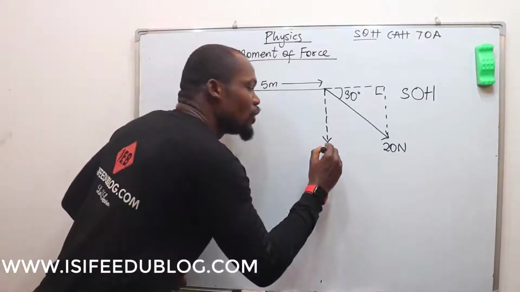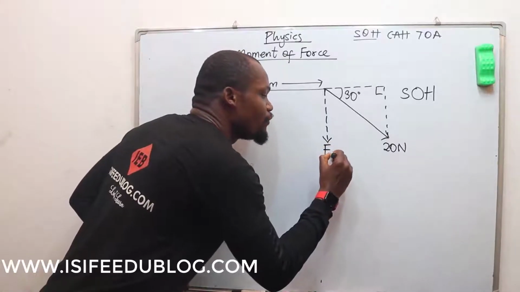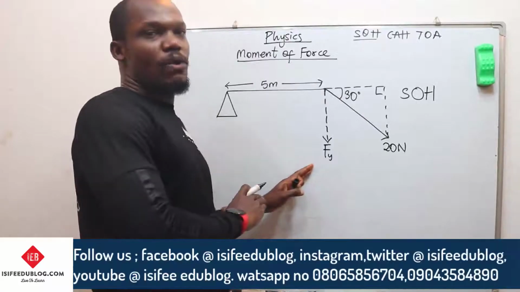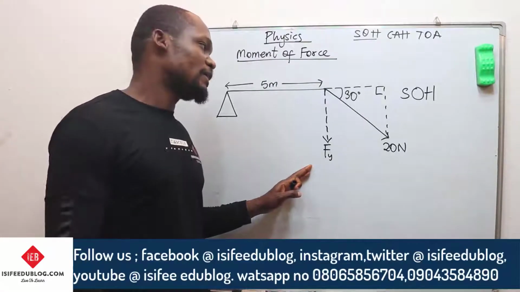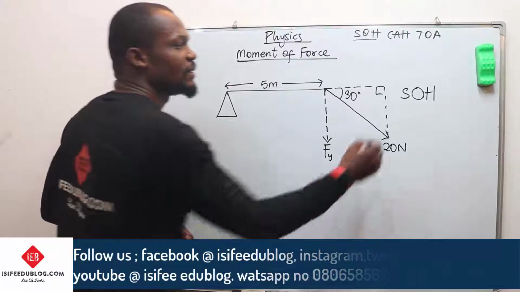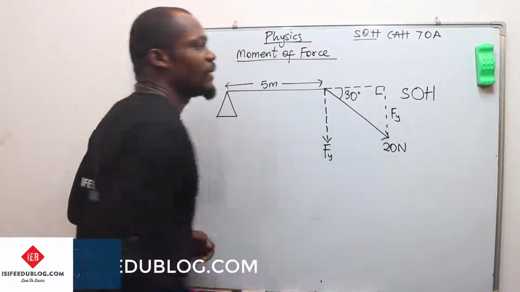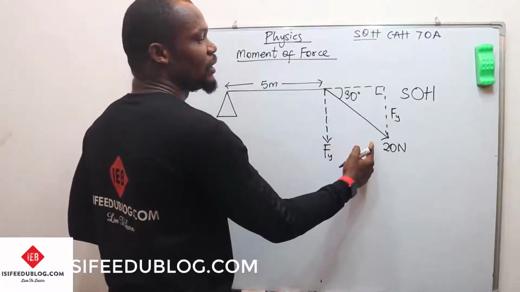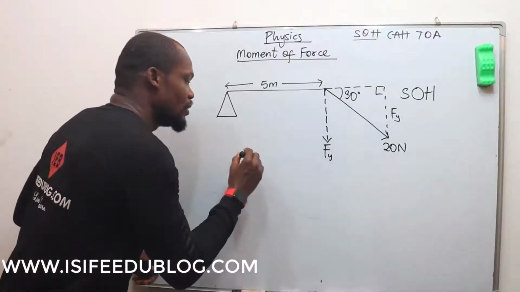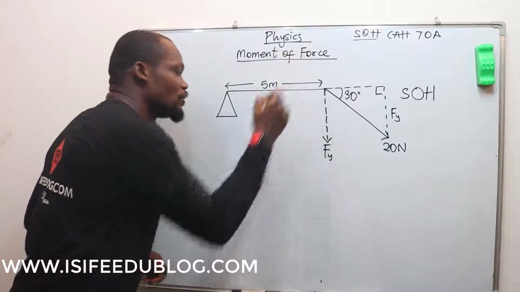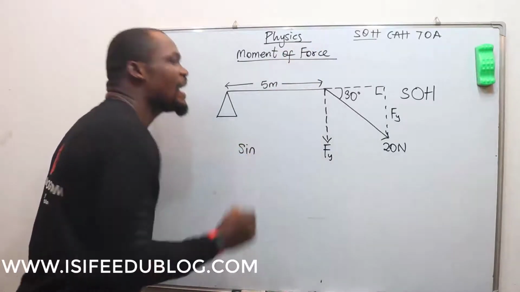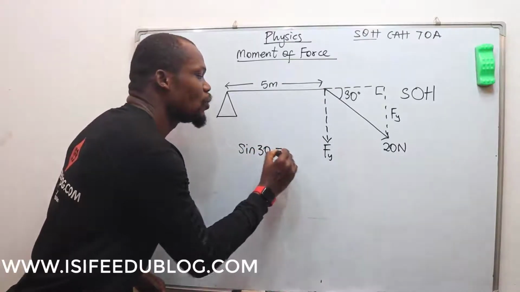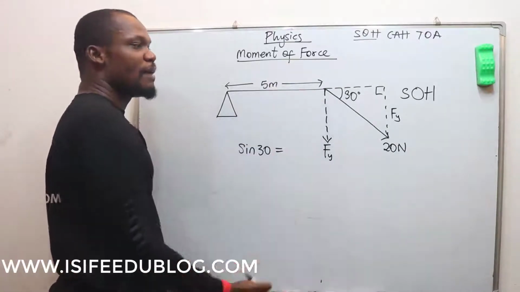Hence, if we call this f of y, because vertical component is f of y, while horizontal component is f of x, we say that opposite is f of y, hypotenuse is 20. But from SOHCAHTOA, it is going to give us sine of the angle, which is sine 30, is equal to opposite over hypotenuse.